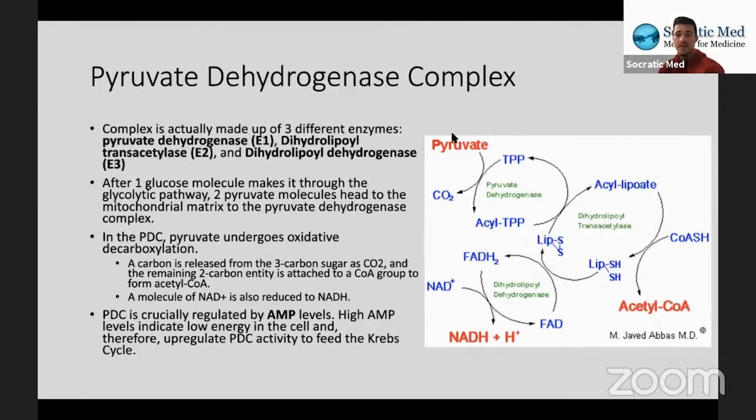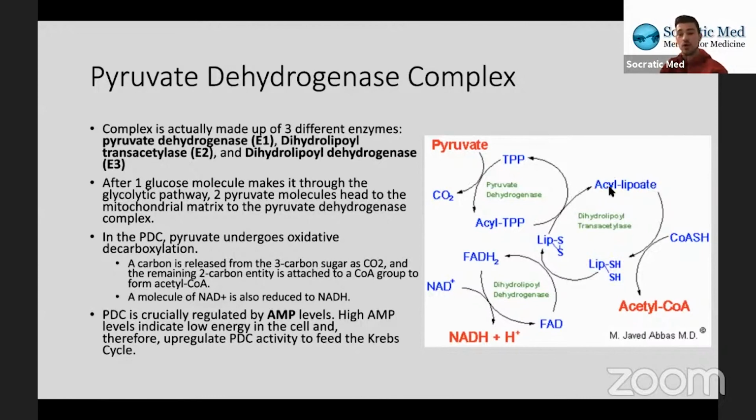So if we take a look at this diagram over here, pyruvate enters this first complex over here, and it releases CO2 because remember, we're decarboxylating it into a 2-carbon structure. TPP is the cofactor that this first pyruvate dehydrogenase uses, the first part of the complex. It then goes over to dihydrolipoyl transacetylase, and that's where the acetyl-CoA is created.